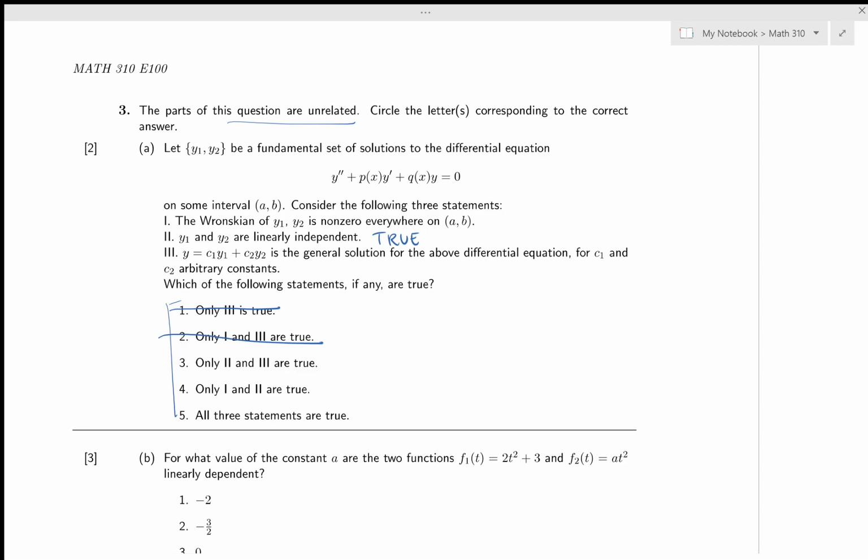When I have 2 linearly independent solutions, then the general solution is a linear combination of those 2. That's for sure true. I think that's the next most obvious statement. So that one is also true. So 3 is true. So right now 2 and 3 are true. So that eliminates this.